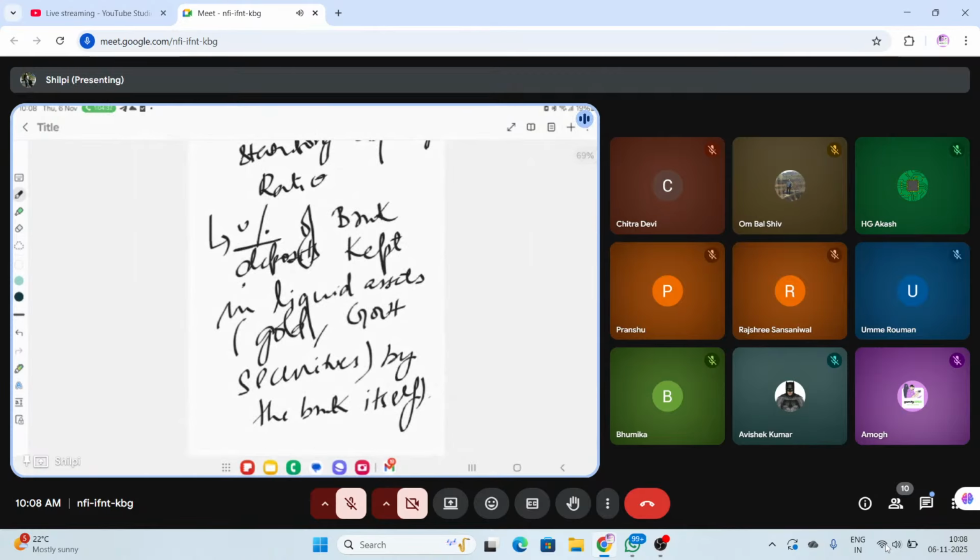ये भी percentage ही है bank deposits का, जो cash के form में नहीं रखने की जरूरत, आप किसी भी liquid asset के form में रख सकते हो.